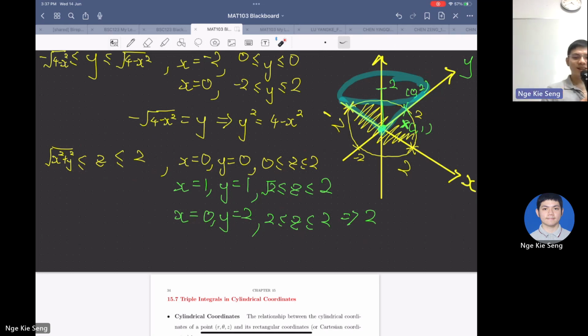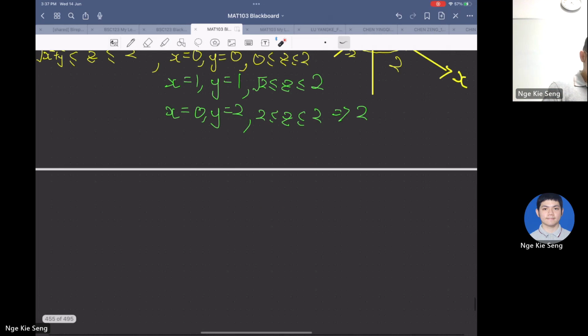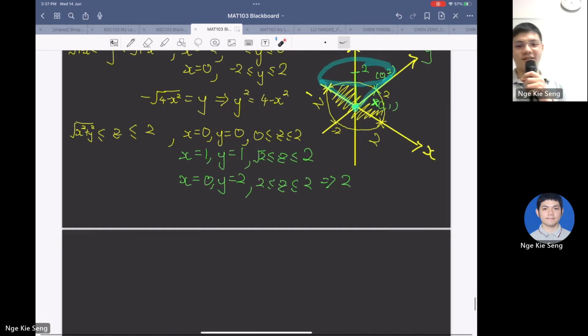Okay, but the problem is how to turn this into a useful coordinate system to integrate. What kind of coordinate can describe the cone?